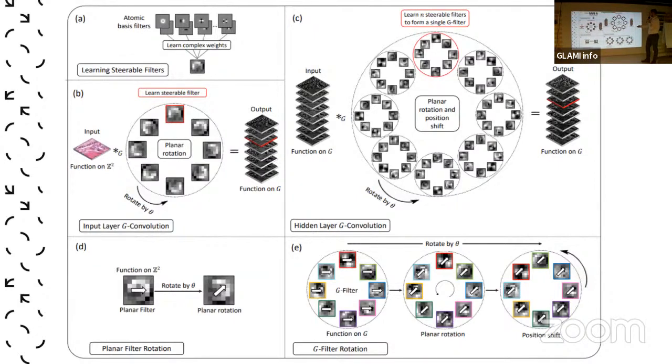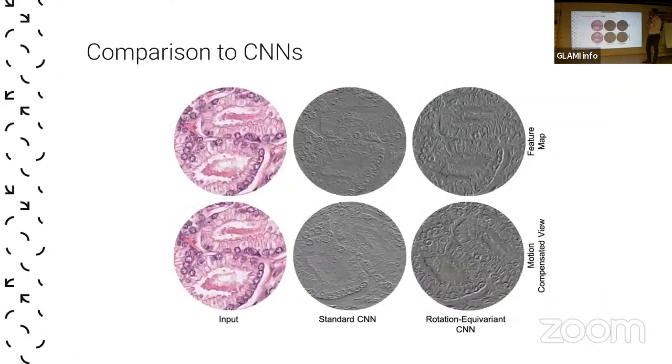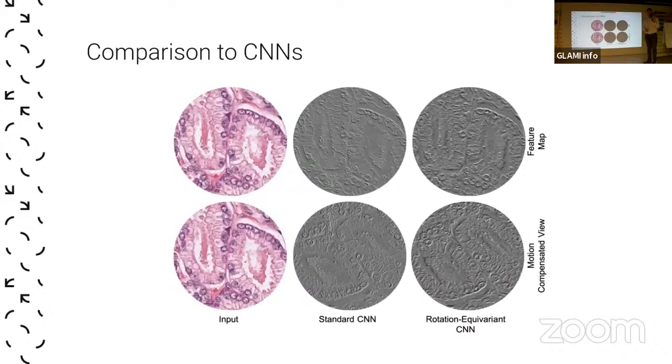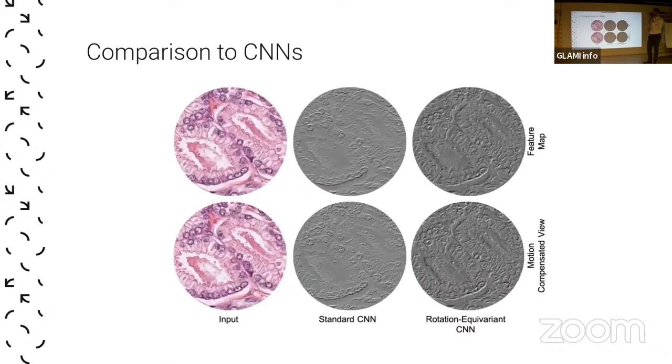So you rotate by some angle, and then you apply an additional permutation in order to get an equivariant layer. Yeah, I don't know if I explained this well enough to understand, but hopefully everyone can come back to it later on. And so these are the basic building blocks of equivariant neural networks. Each layer is going to be equivariant.